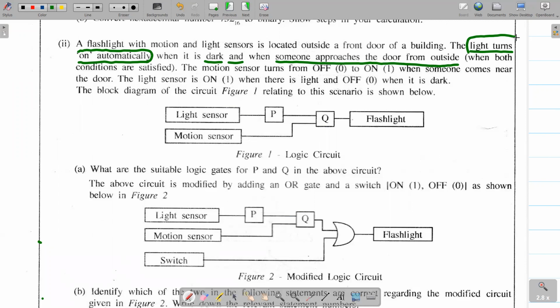So if you take the motion sensor as M and the light sensor as L, right? Motion sensor as M, light sensor as L. It says the motion sensor went from off to on when someone comes near the door. So when someone comes near the door, it turns from off to on.